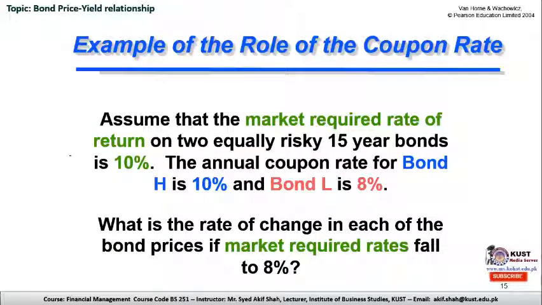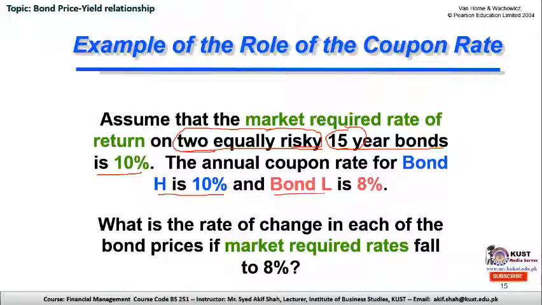Assume that the market required rate of return on two equally risky bonds, which have 15 years of maturity, is 10%. We have two bonds with the same maturity time period of 15 years. They are both equally risky to invest money in. However, there is a slight change in the condition: the annual coupon rate for bond H, which refers to the high coupon rate, is 10%.